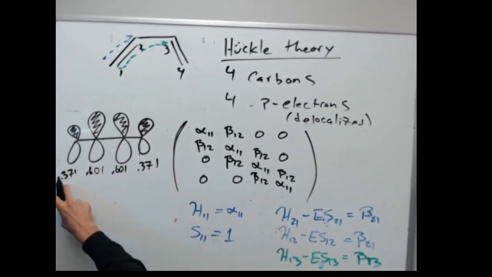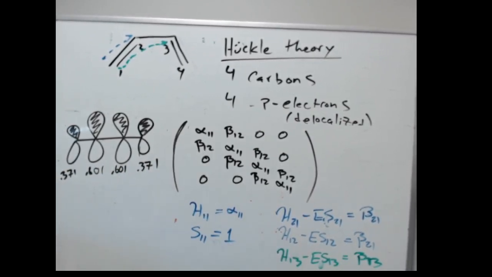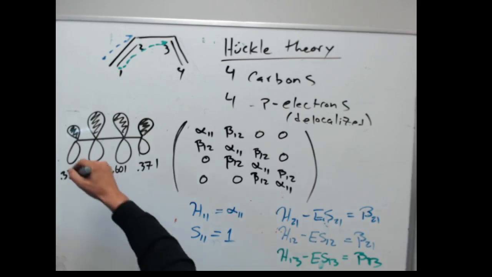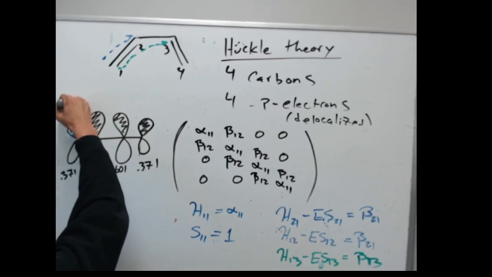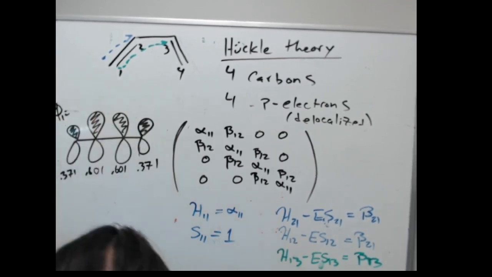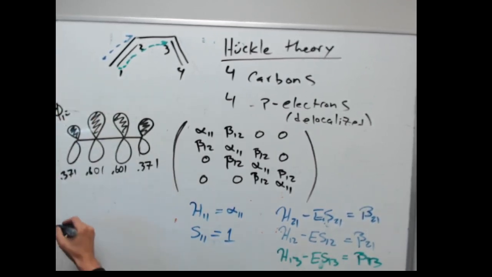That's our C1, C2, C3, C4. And so I tried to draw the size of those p orbitals to communicate bigger and smaller, because the middle two are not quite double, 2/3 as big, right? 0.37 versus 0.6. And that would be one of my possible 5 functions.